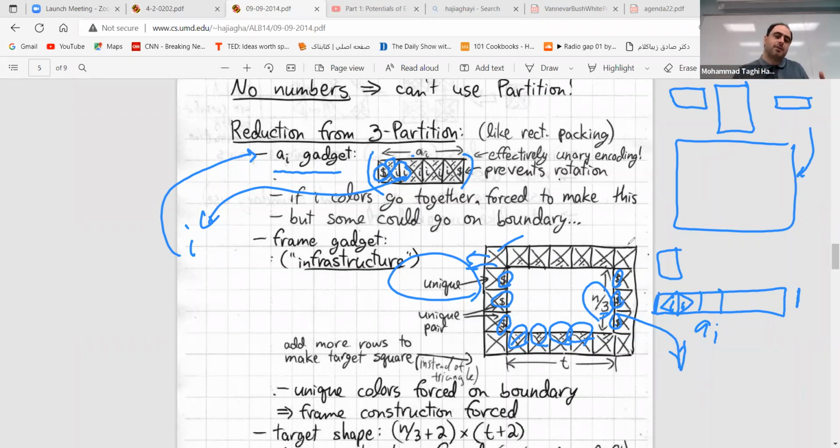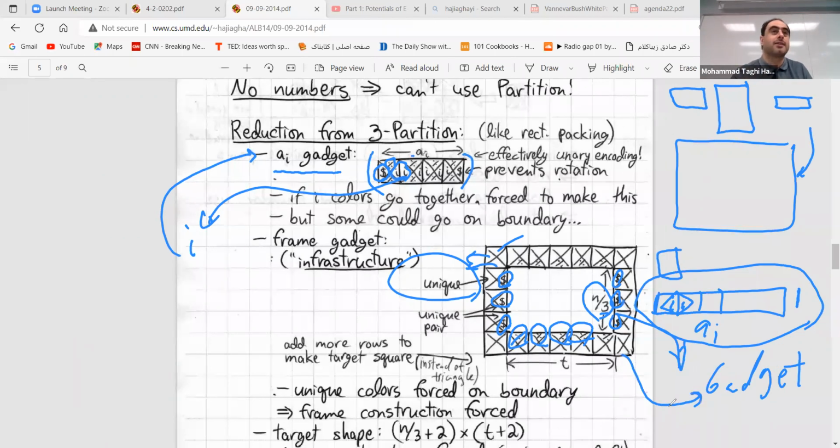These are what are called gadgets. For example, this AI is a gadget that we are creating for the rectangle, or this is the gadget that we are doing for the target rectangle. So in some sense, the frame forces this to happen.